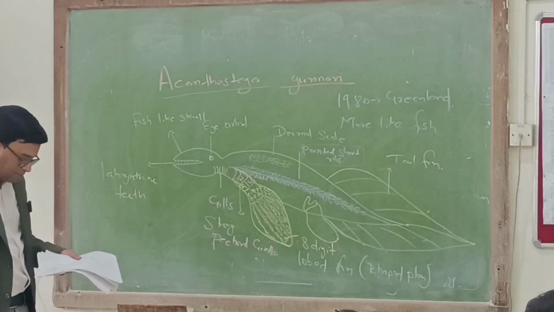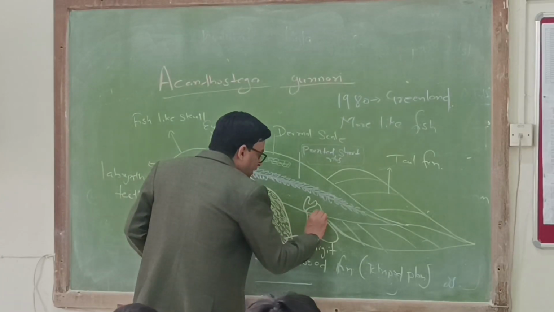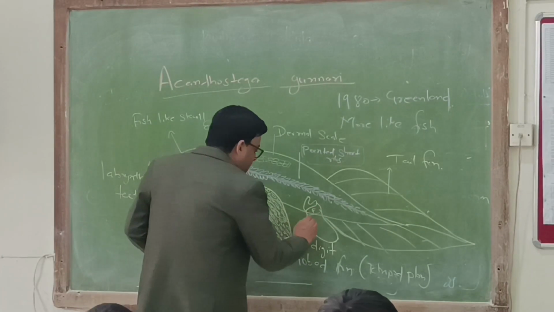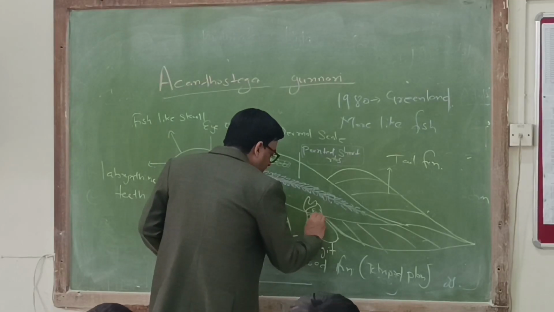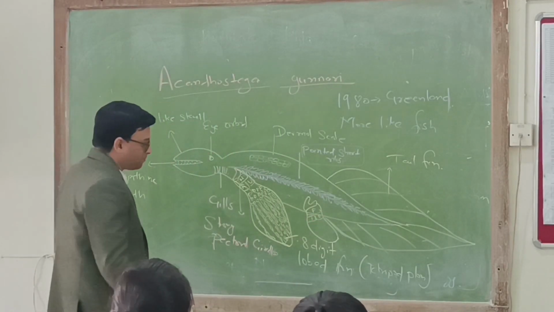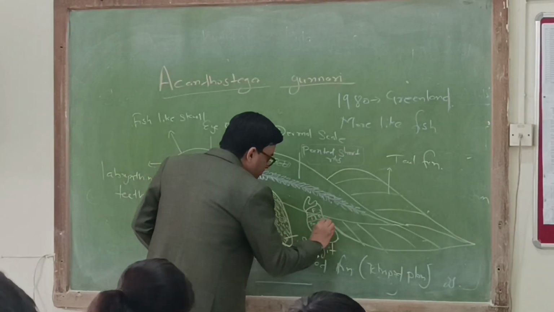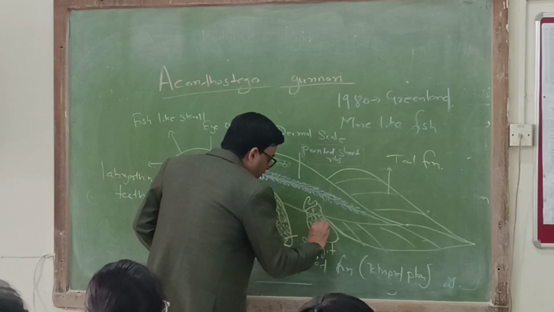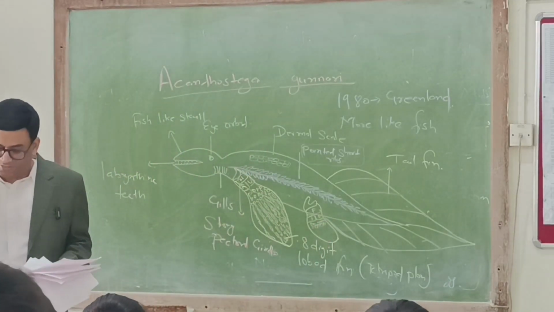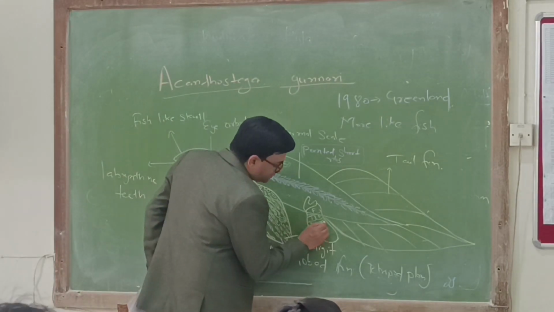And this hind limb has the same plan which we have in our legs. First there is the femur, then the tibia and fibula, then many tarsal segments, many bones, and then there are 6 digits in the hind limbs. Not 8 but 6 digits.